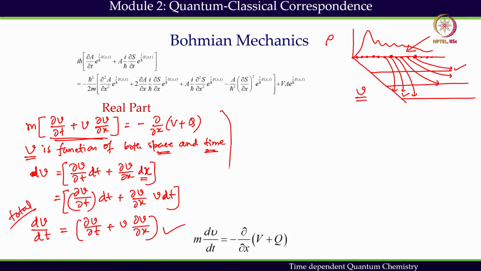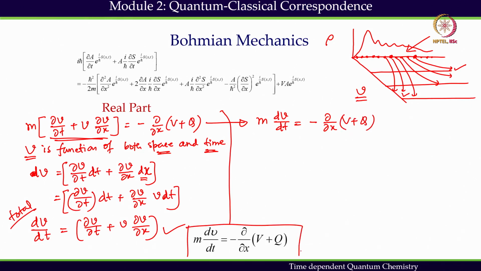So, this equation can be simplified as follows: m times the total derivative with respect to time equals minus dV/dx plus q. This equation we get.